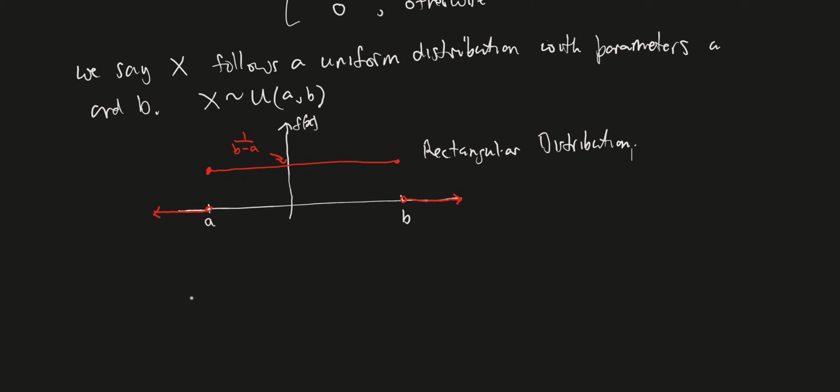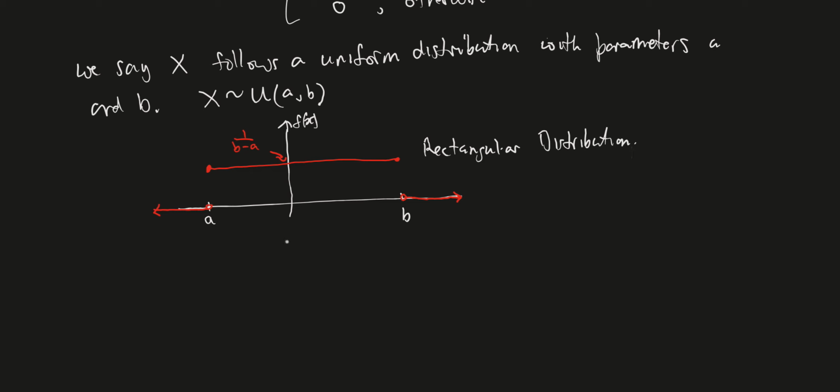Now, what else do we care about as far as these distributions are concerned? Well, certainly we like to know the mean and the variance, right? So let's see if we can compute the mean of a uniform distribution. Not a specific one, but the general one. So our mean, or our expected value of x, well, in principle, it's the integral over the entire real line of x times f of x with respect to x.